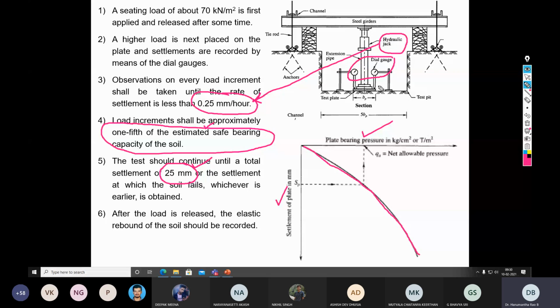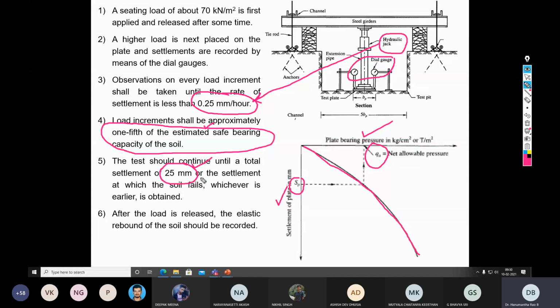So at the end of the plate load test, what we get is a relationship between plate bearing pressure versus settlement of the plate. Now which one shall I pick? Shall I rely on the settlement, or shall I rely on the bearing capacity? Suppose you look at the IS code on conducting the plate load test, depending upon your footing type, that is isolated footing or strip footing or wall footing or combined footing, pick the value of the settlement.